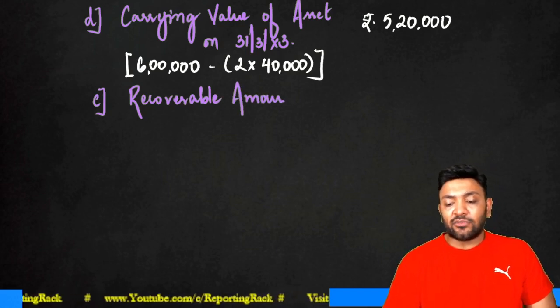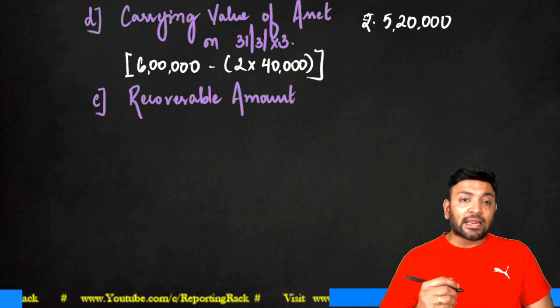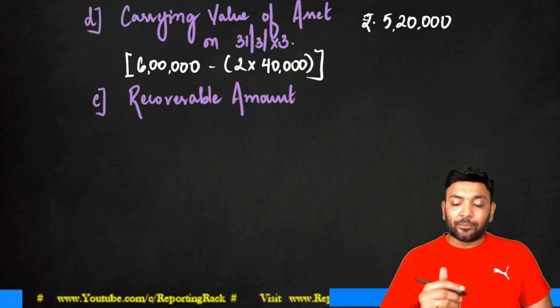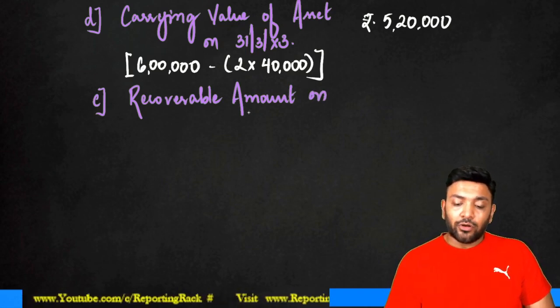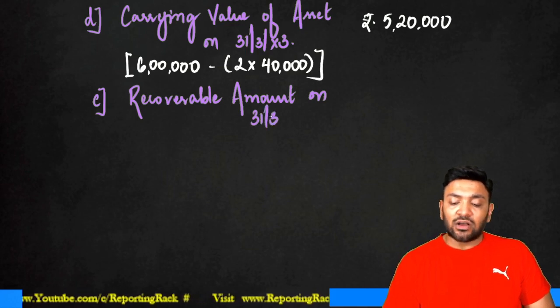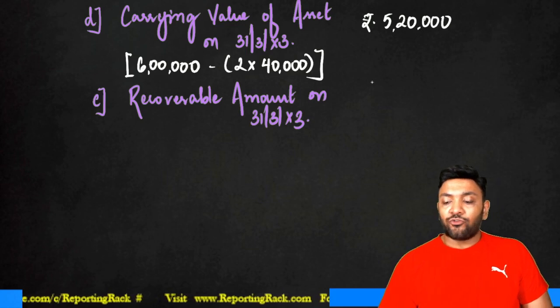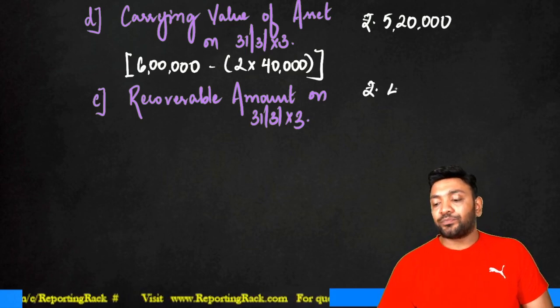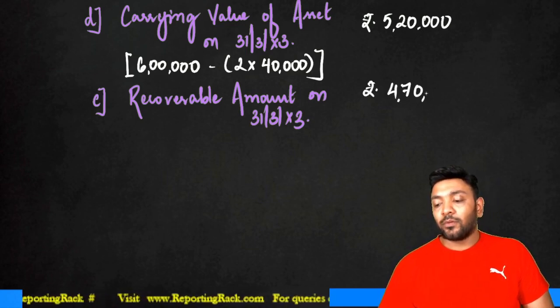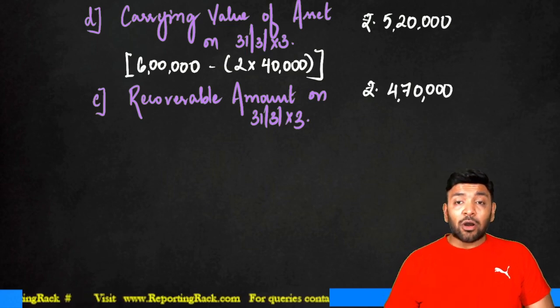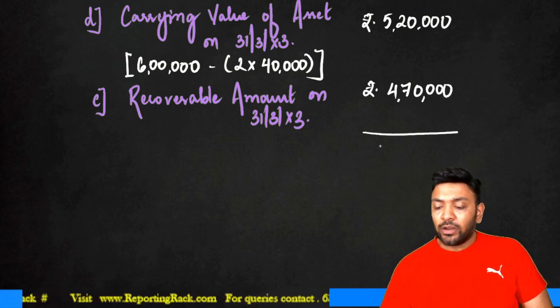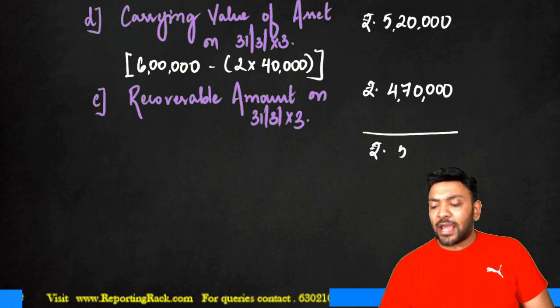The next standard that we'll be dealing is IND AS 36. We will get the significance of recoverable amount there. On 31st March 2023 was 4,70,000. Since the recoverable amount is less than the carrying value, it will result in an impairment loss of 50,000 recognized in the P&L.